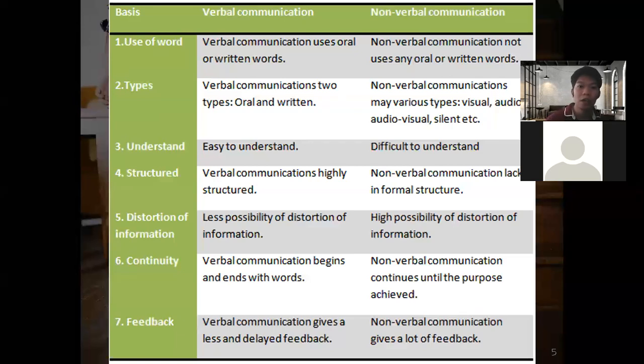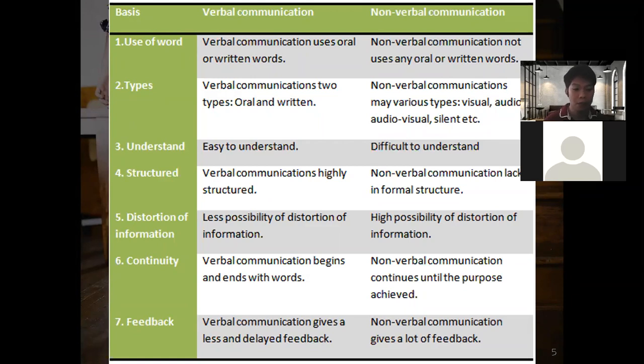It's because there are no words being used in nonverbal. There are no words, meaning the participants, especially the receiver of the message, will just interpret by his or her own way of interpreting nonverbal gestures.